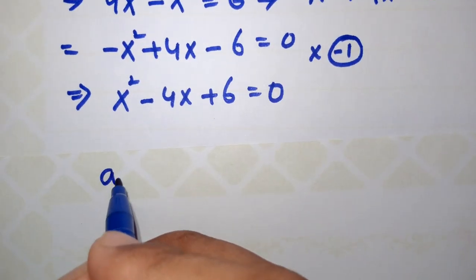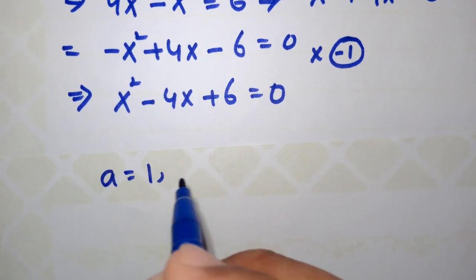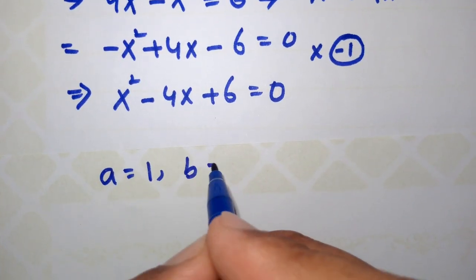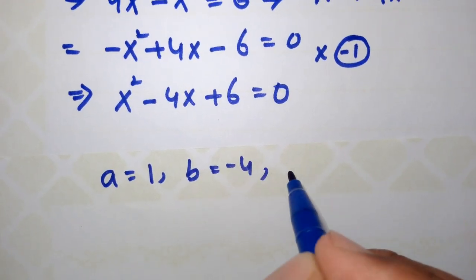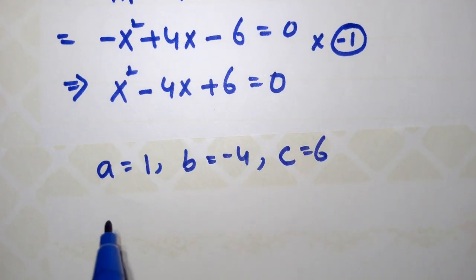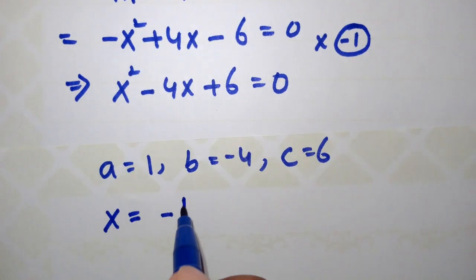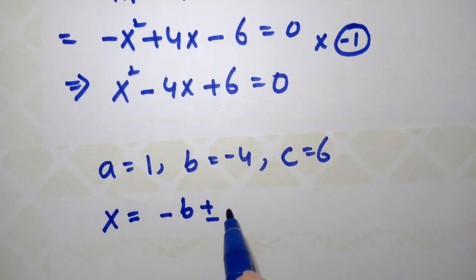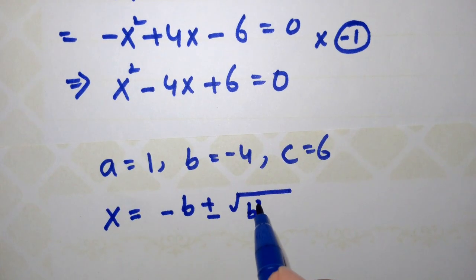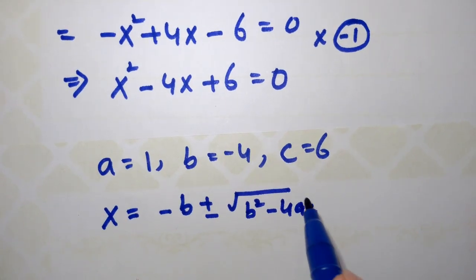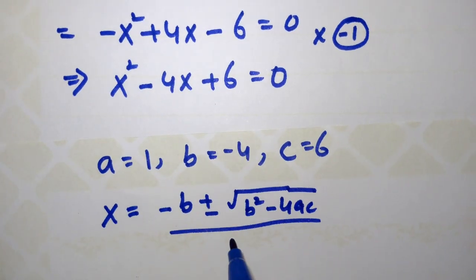Now we know that a is equal to 1, b is equal to minus 4 and c is equal to 6. We know that x is equal to minus b plus minus square root of b square minus 4ac over 2a.